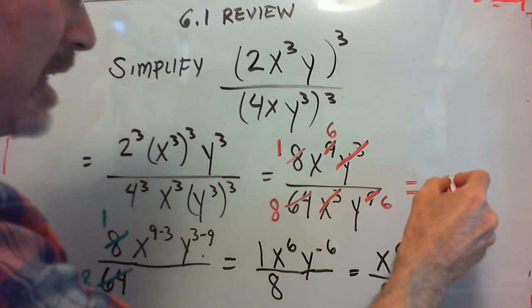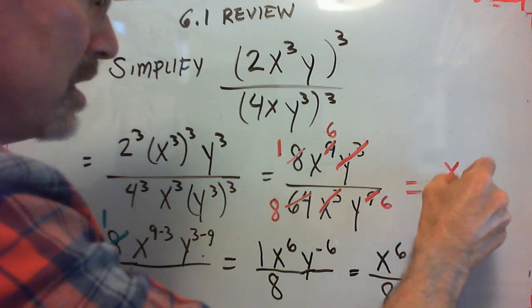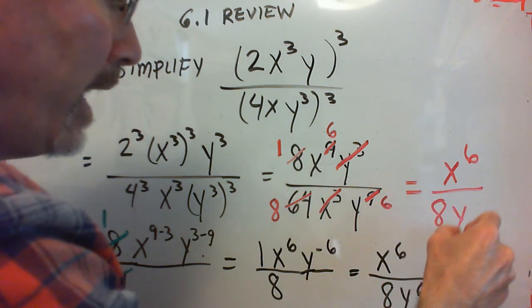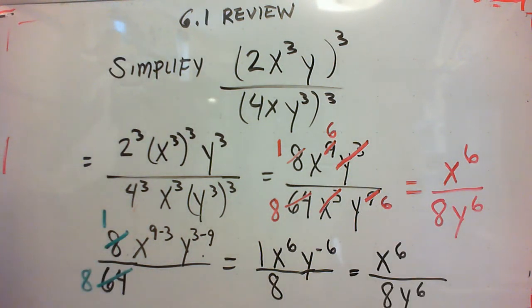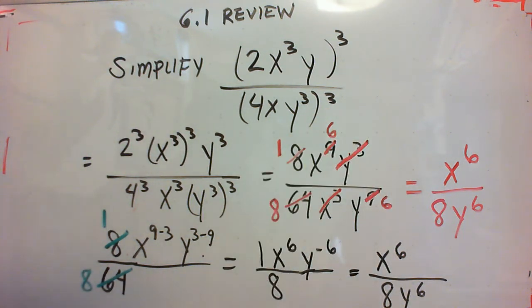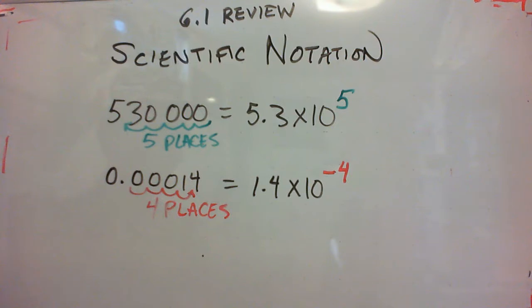So that gives us the answer x to the 6th over 8y to the 6th. Canceling out factors and then just going that route, which I think you'll find is easier for most of these problems. It's good to know both ways.